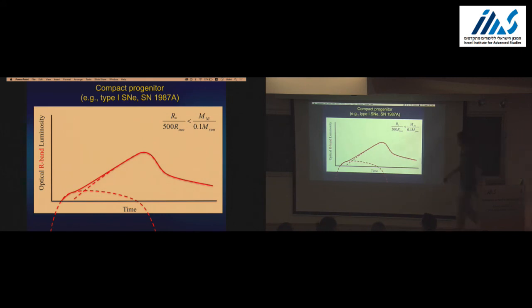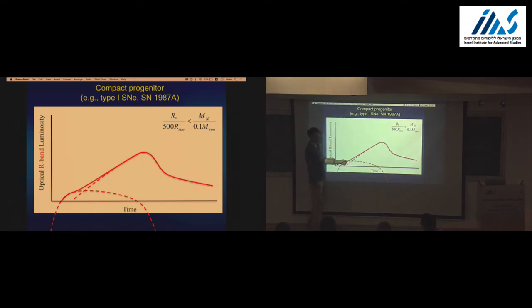If you have a lot of nickel, or 0.1 solar mass of nickel, and a much smaller progenitor, let's say like 87A, then the optical will go up. At first, it will go up by the cooling emission. We'll have here some phase of cooling emission. Short phase. It will be brighter than the nickel, but this will be very short. And then the nickel will kick in.